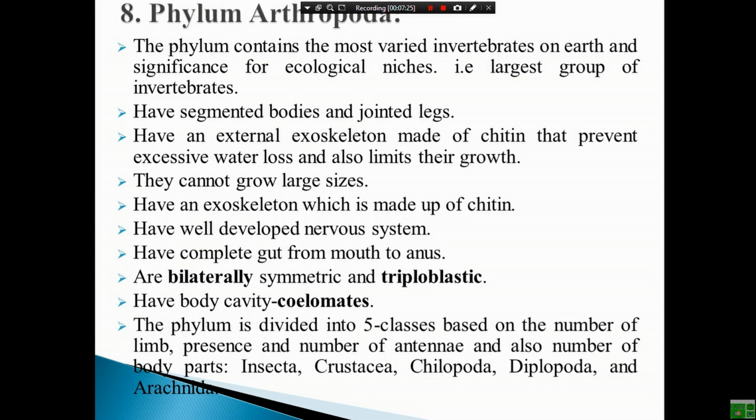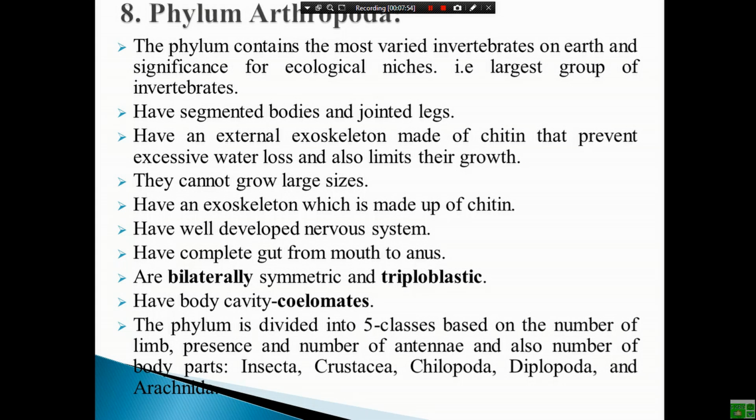The phylum of this invertebrate is divided into 5 classes, based on the number of limbs, the presence and number of antennae, and also the number of body parts, which are class Insecta, class Crustacea, class Chilopoda, class Diplopoda, and class Arachnida.